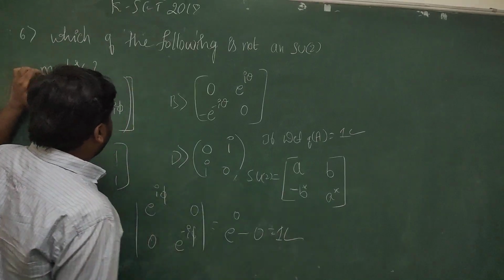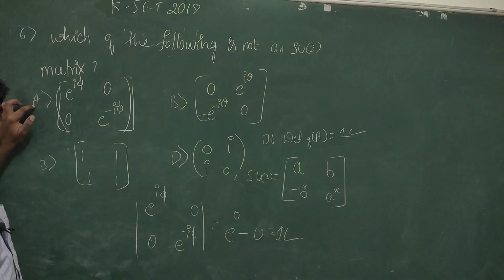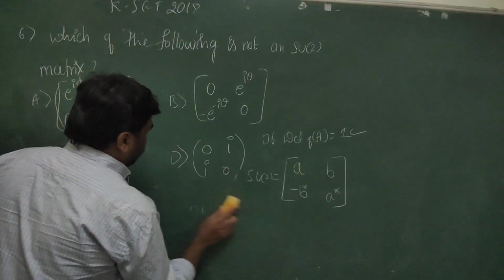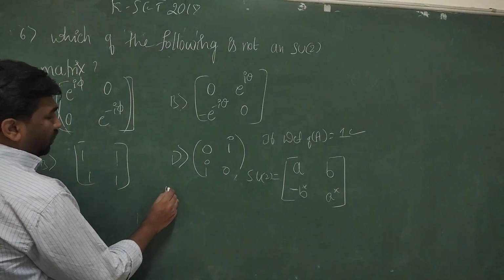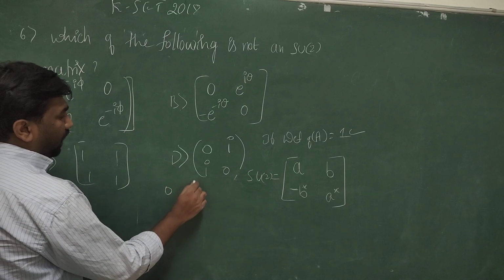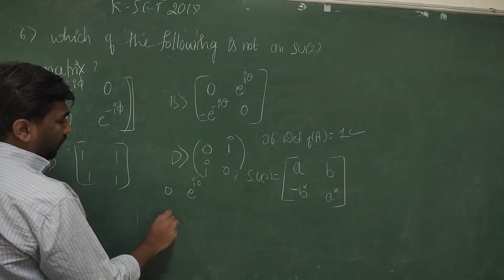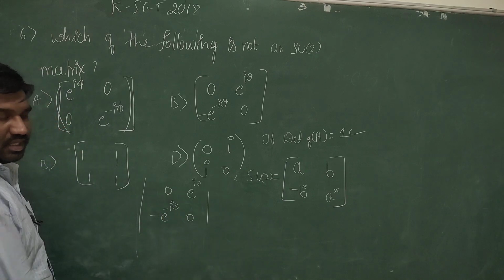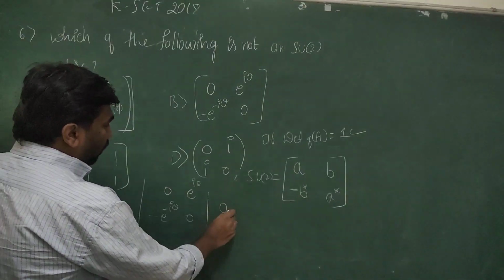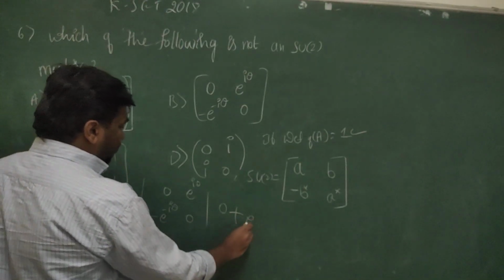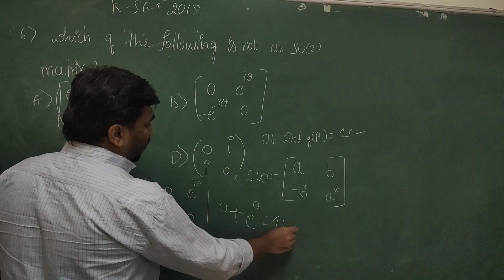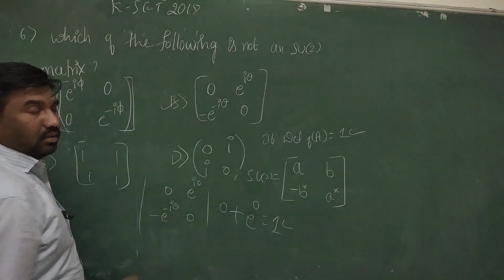So the determinant is 1. Let's check option B. Zero minus e power i theta times e power minus i theta gives minus of minus, plus e power i theta e power minus i theta. So again 1, this is also determinant 1.